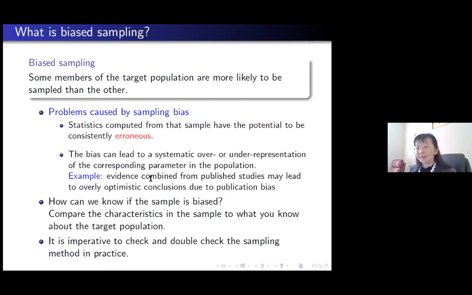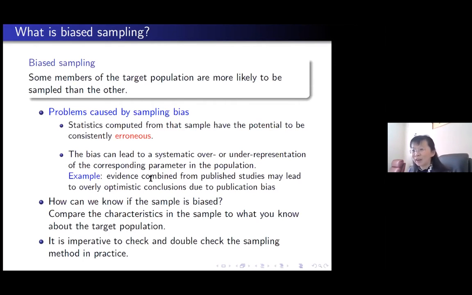So when analyzing such data, we need to handle the survivorship bias, in which only surviving subjects can be recruited into a study. Or sometimes we can identify the sampling bias by comparing characteristics in our sample to what we know about the target population.